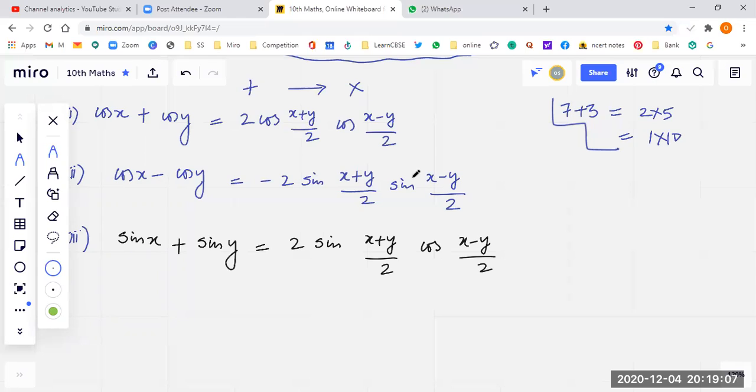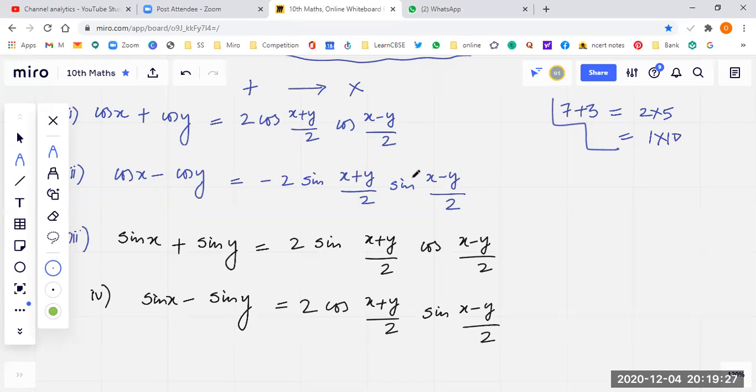Very useful identities. And the fourth one is sine x minus sine y is equal to 2 cos x plus y by 2 sine x minus y by 2. I'll prove one of them. All the others you will prove yourself.